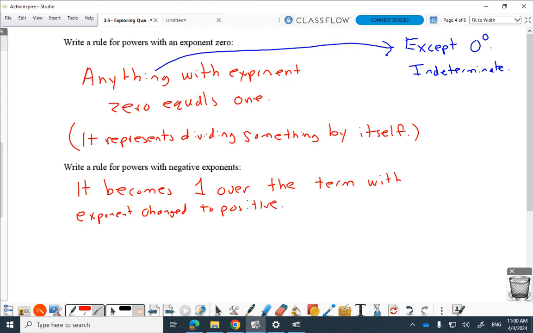Meaning, it represents dividing by that base repeatedly. That's what's going on. But I'm not expecting that to be easy.